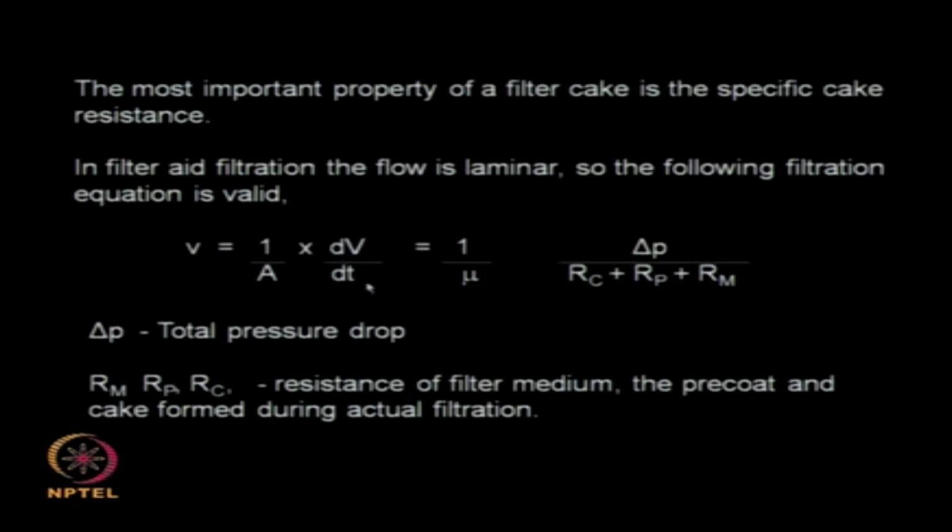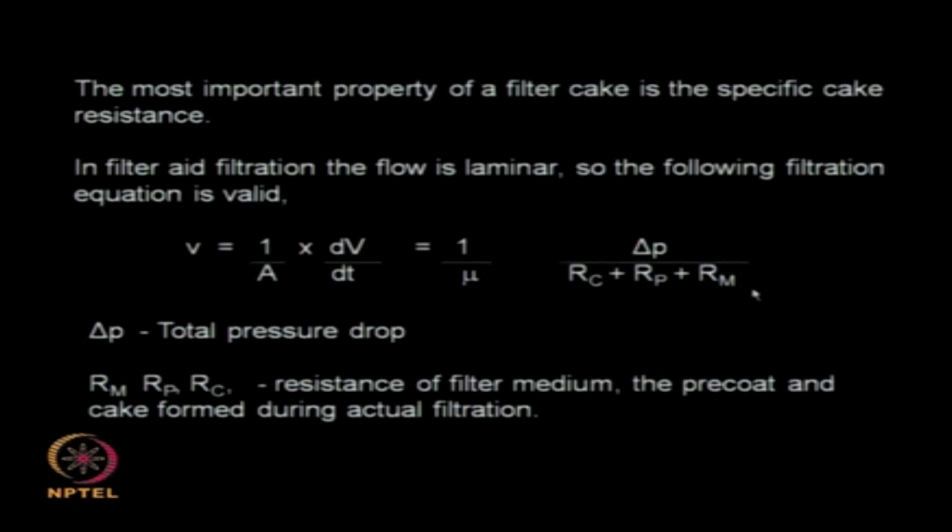So this gives you the rate of filtration, this gives you the velocity, and here you have the area. Now this is related to the pressure, that is the pressure you are applying, viscosity of the fluid, and various resistances. There are 3 resistances now.